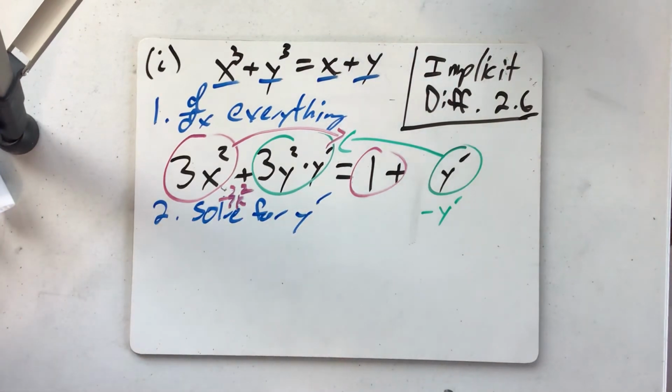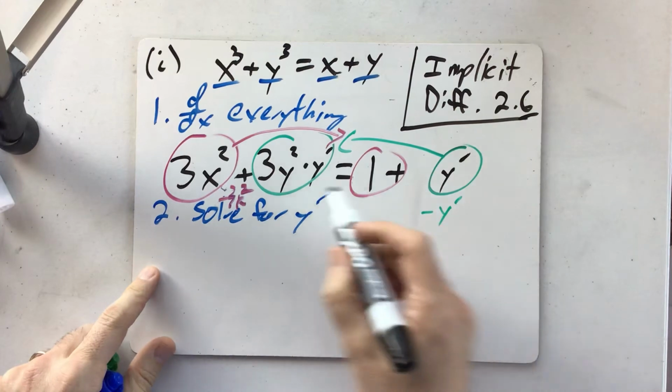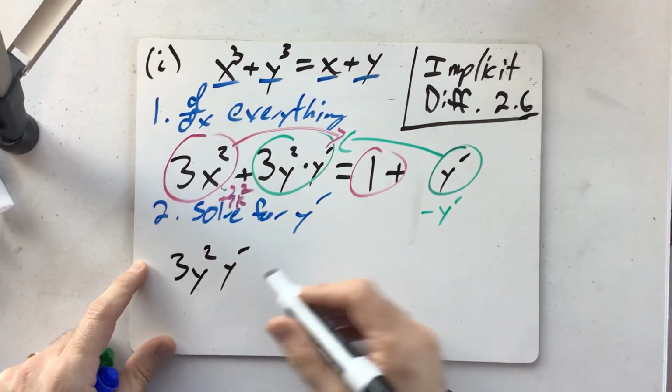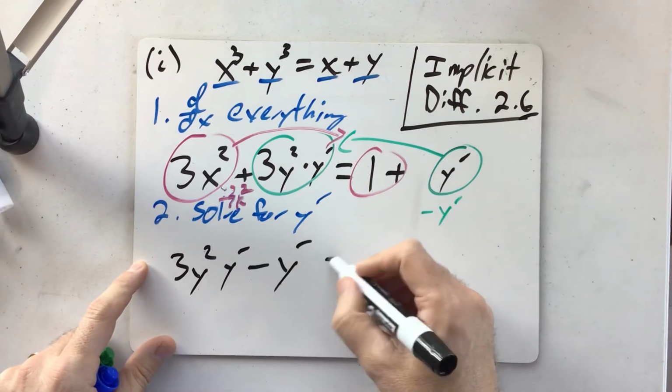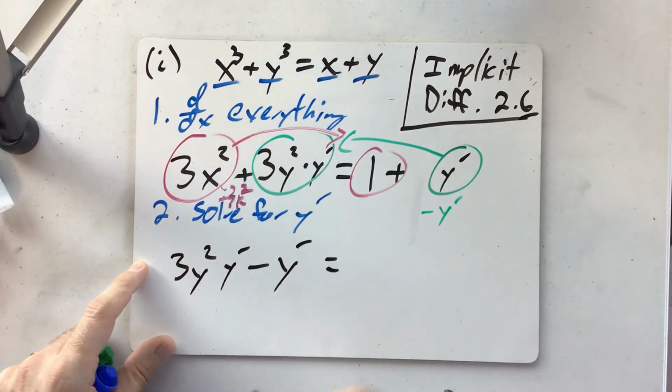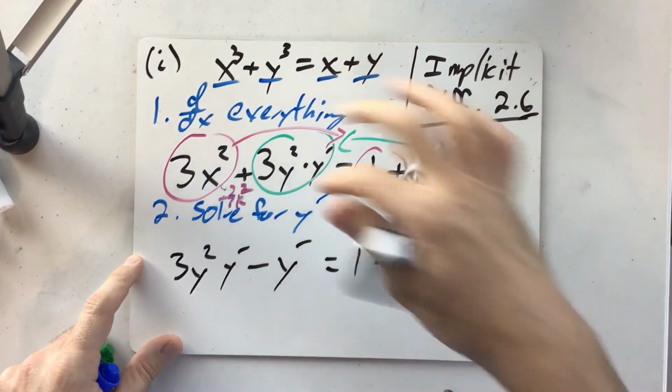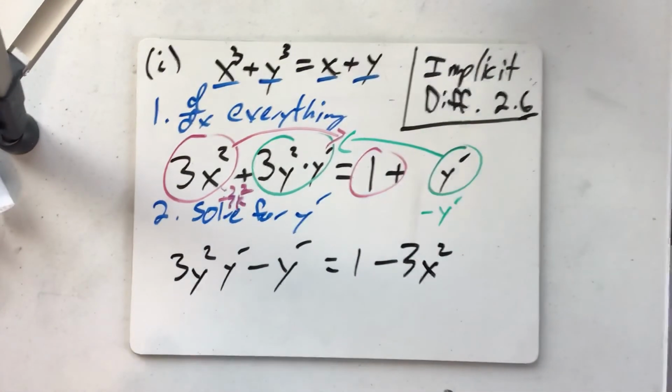I've now made everything look really ugly, but you all are on top of it anyway. On the left we get 3y squared y prime minus y prime, because I subtracted y prime from both sides. On the right we get 1 minus 3x squared, because I subtracted 3x squared.